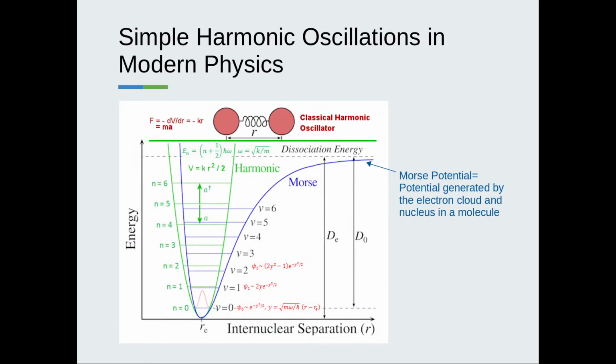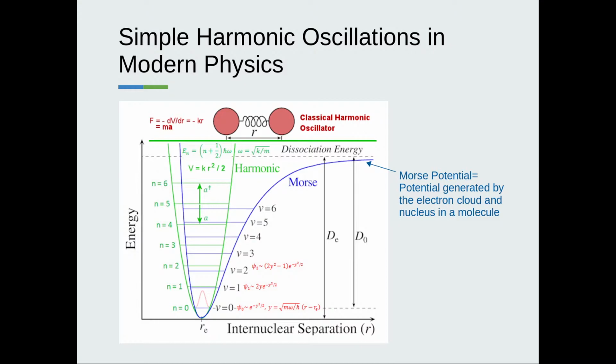OK, and here's an example about how to use simple harmonic oscillators in real cases. So if you have a molecule, it is a combination of 2 atoms. And the 2 atoms, they have chemical bonds between them. But sometimes we just simplify them into 2 particles connected by a spring. And then we can analyze the behavior of your molecules in the view of a simple harmonic oscillator.